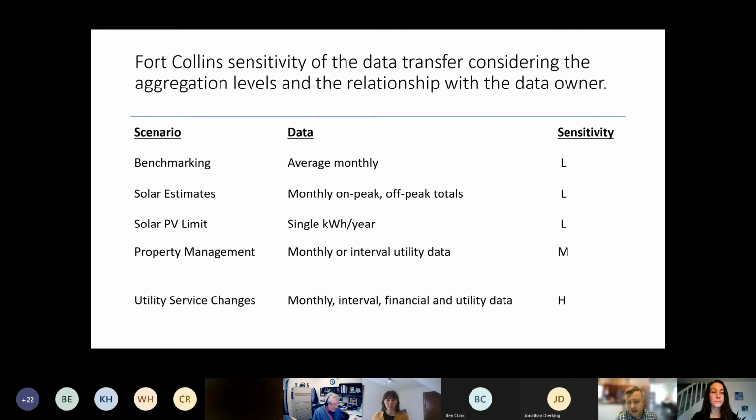And then we reviewed this with our cybersecurity team and our data privacy team, talking through those different core provisions around habits of individuals, not releasing personally identifiable information, all sorts of different scenarios around cybersecurity and how that information could be used if it landed in the wrong hands. And so the benchmarking average monthly data was really deemed as being the least sensitive, given that analysis of risk and sensitivity. Next slide.